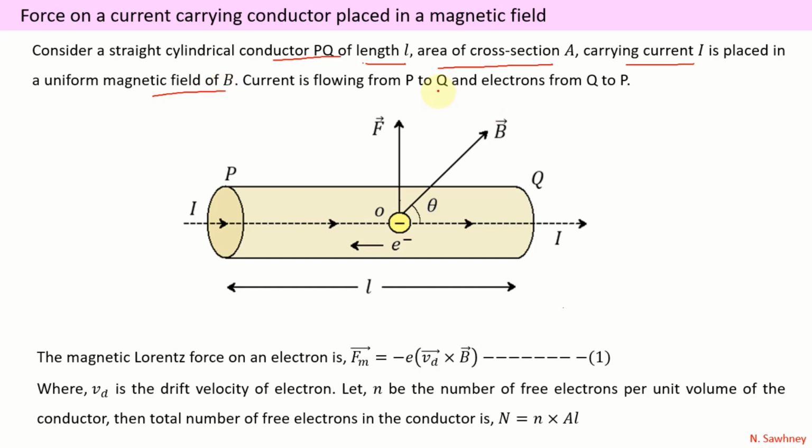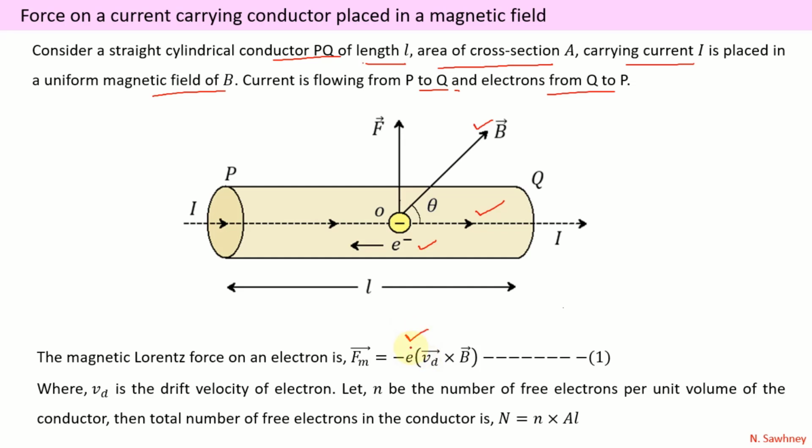Current is flowing from P to Q and the electrons are flowing from Q to P. That is, the current flows according to the direction of the conventional flow and the electrons flow in the opposite direction. Due to the presence of this magnetic field, a Lorentz force, or you can say a magnetic force, acts on this conductor.